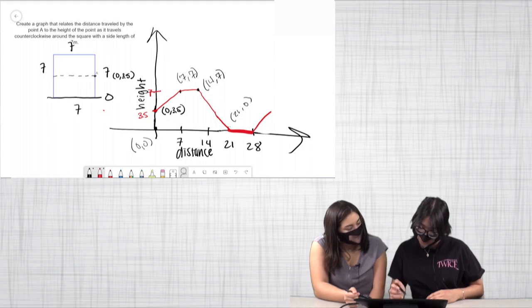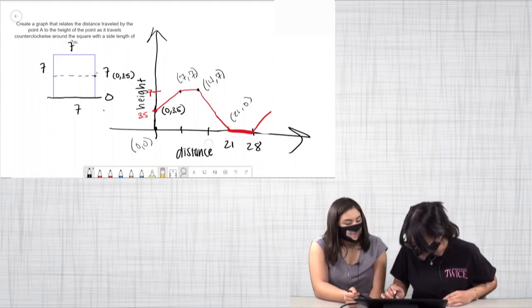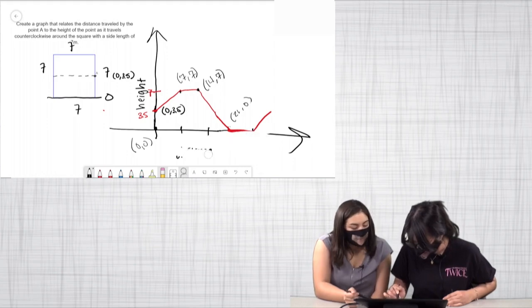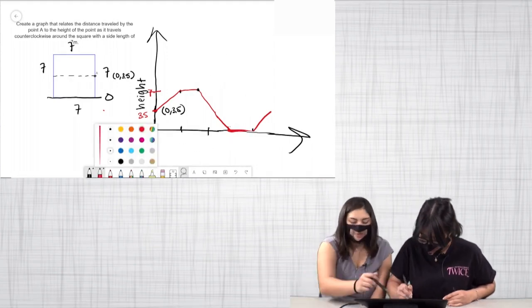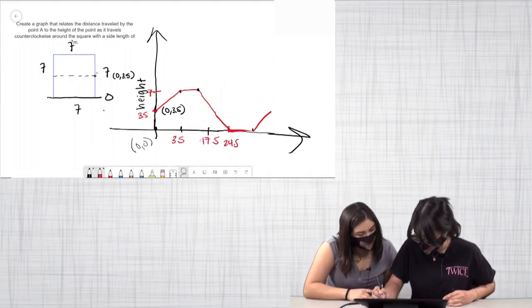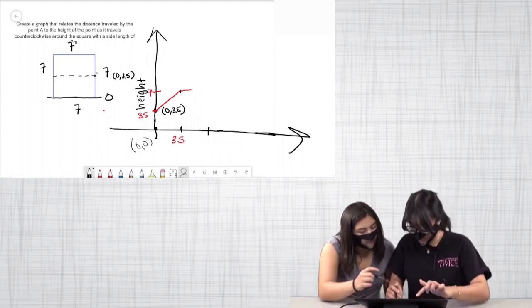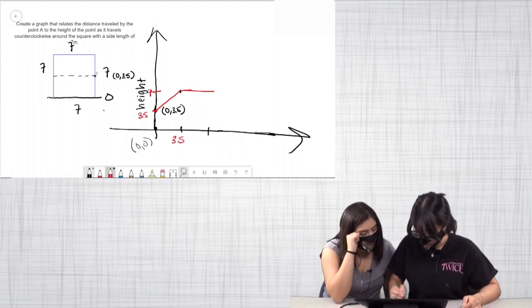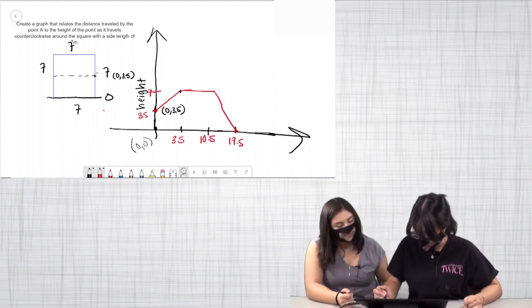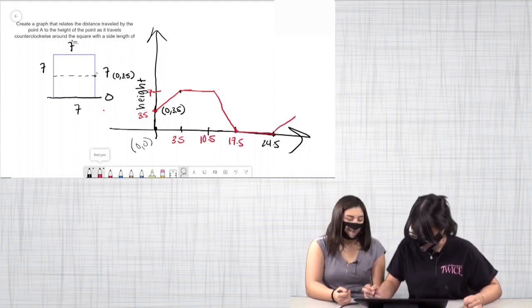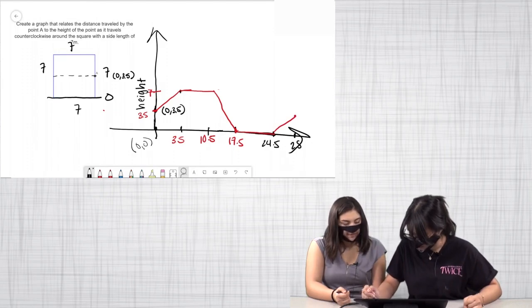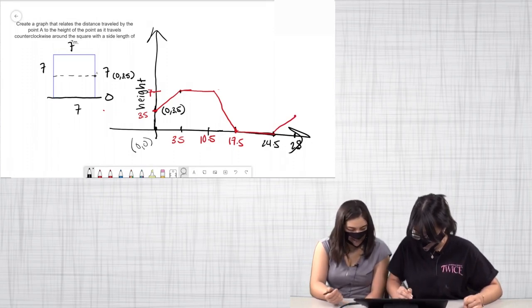You know what I'm saying? You're traveling 3.5. Oh no, the graph is ruined. There we go. We fixed it.